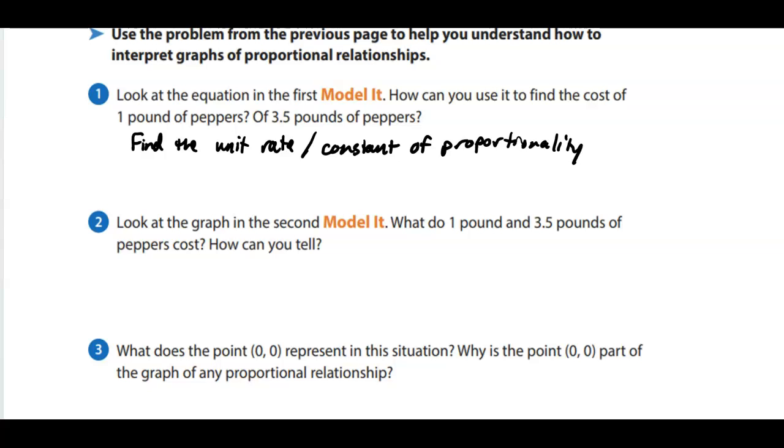What do 1 pound and 3.5 pounds of peppers cost? Well, 1 pound we already know is $3, and 3.5 pounds we already know is, well, if 1 pound is $3, it's just 3.5 times 3, which equals $10.5, or $10.50.